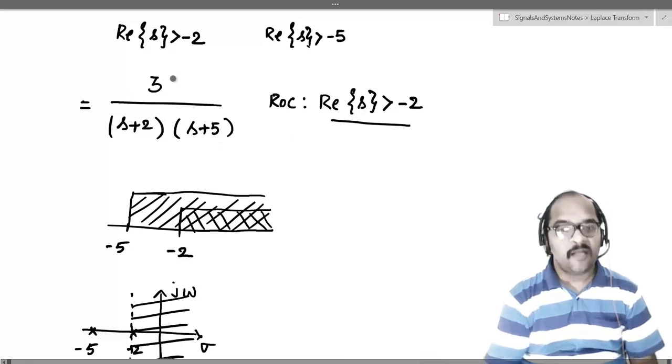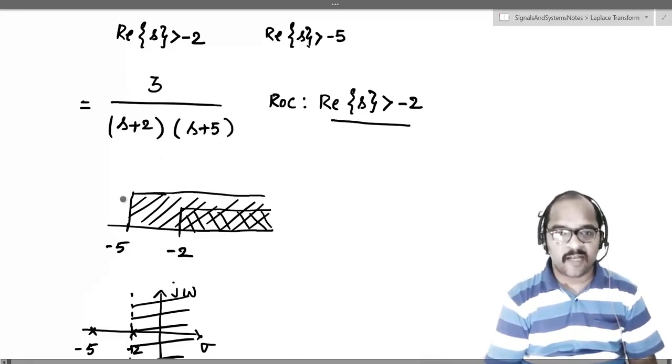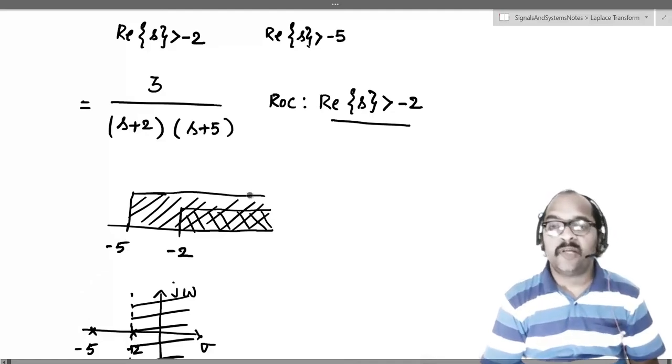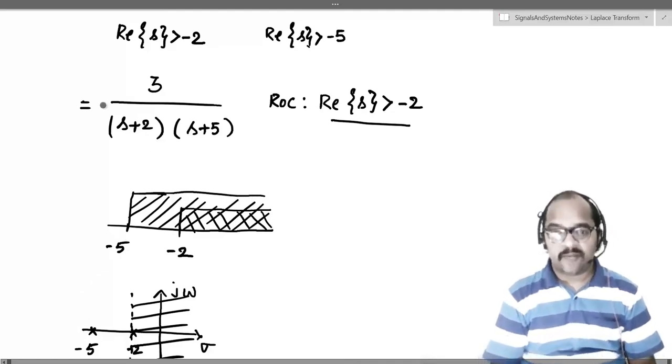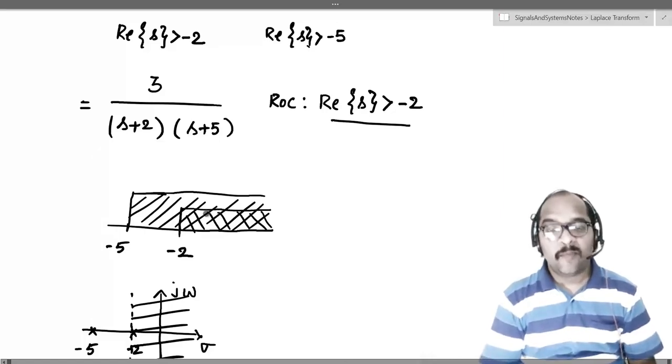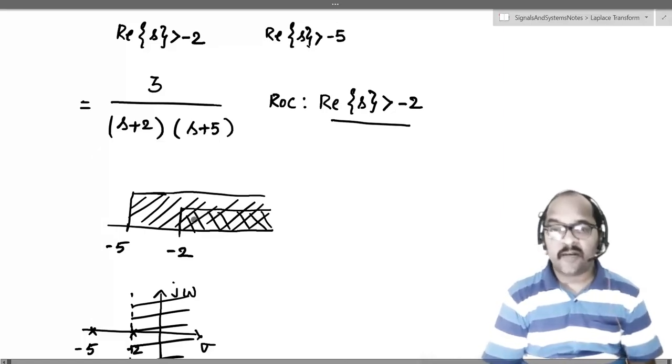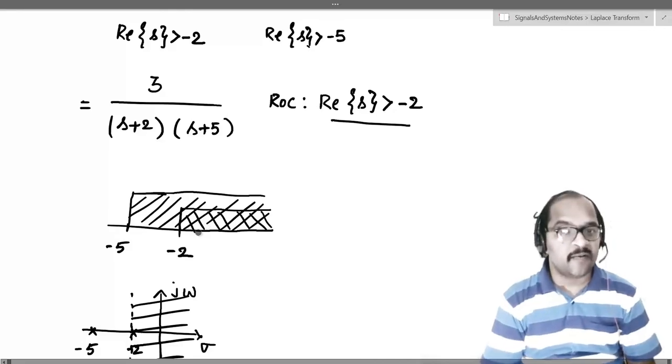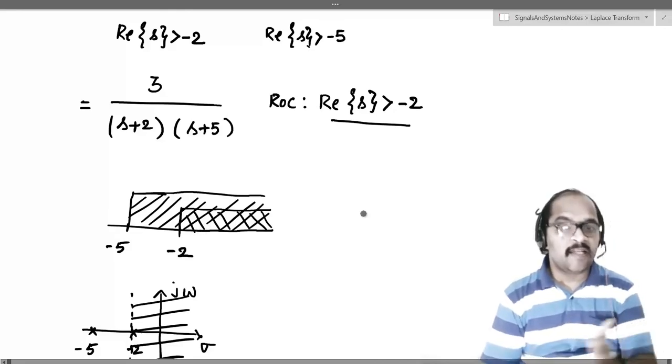The two terms have different regions of convergence: the second has real part of s greater than minus 5, and the first has real part of s greater than minus 2. When will both converge? Both converge in the overlapping region, so these two regions are connected.